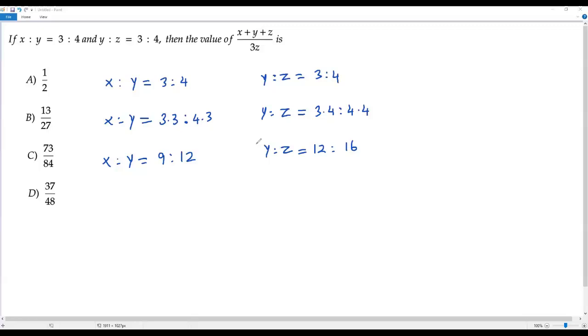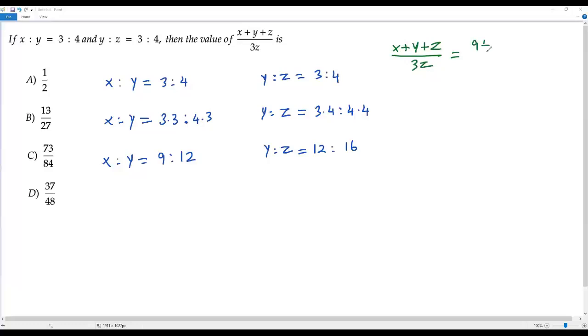Now let's take the given expression, because our aim is to find the value of this expression, that is (x + y + z) over 3z. Since we got the same value corresponding to y in both the ratios, let's consider the value corresponding to x in the first ratio, that is 9. So we can plug in 9 for x.